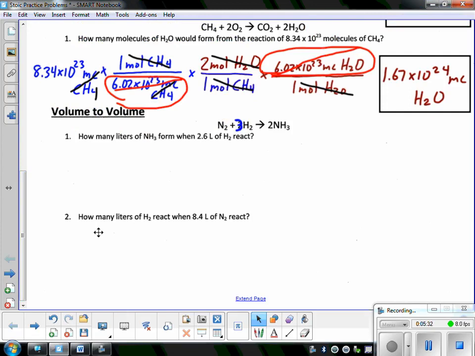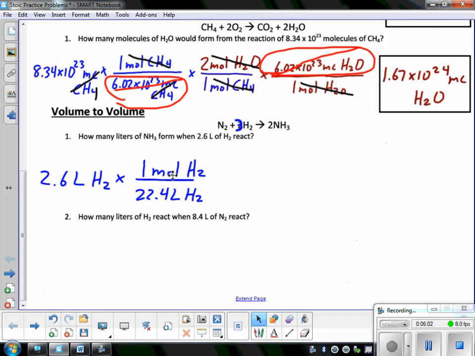This one is very simple, just like the previous one, except now we're dealing with smaller numbers, right? We don't have to deal with the 6.02 times 10 to the 23rd. If you remember from the previous unit, when you do a liter to mole or volume to mole conversion, there are 22.4 liters in every mole, regardless of the substance.